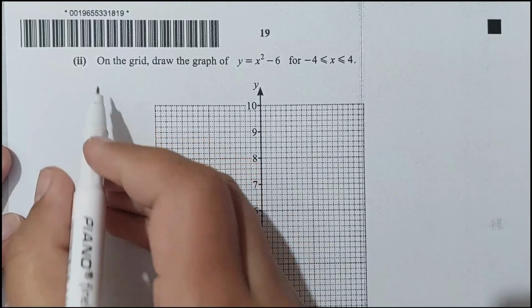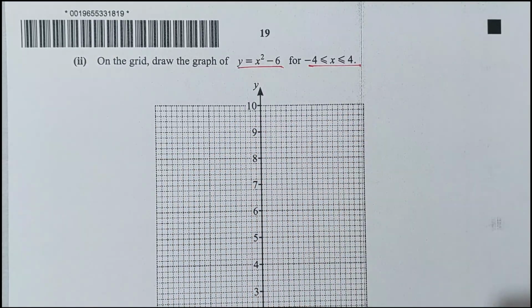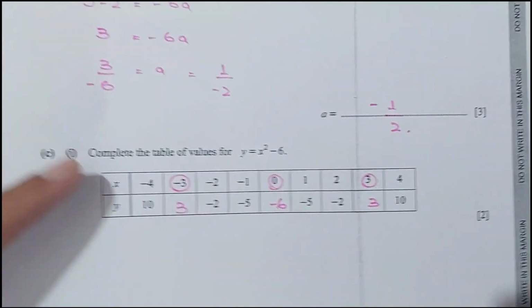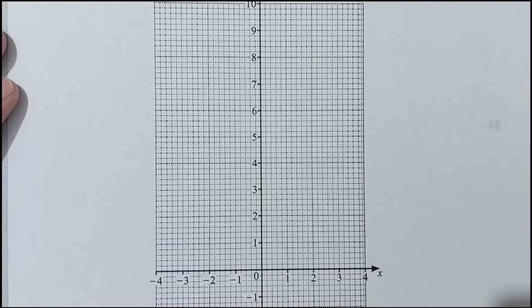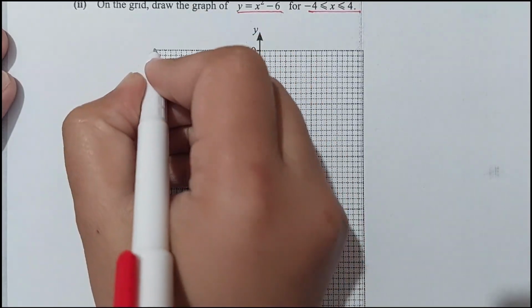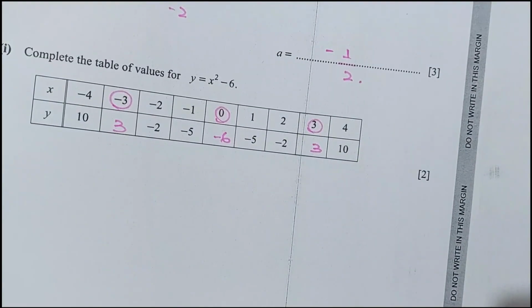Now for the second part, on the grid, draw the graph of this function for negative 4 to positive 4. Okay. The first value, x is minus 4 and y is 10 at the top, this point. The next is negative 3 and 3.